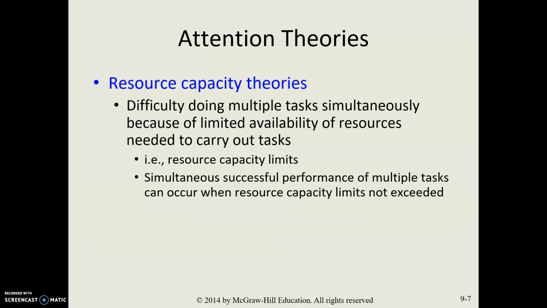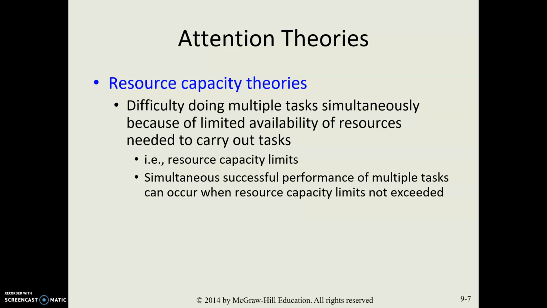Another way to explain attention is through a theory called the resource capacity model, sometimes called central resource theory. This is the idea that you're able to do several things at once, but you do max out. You are drawing from one central resource for attention.